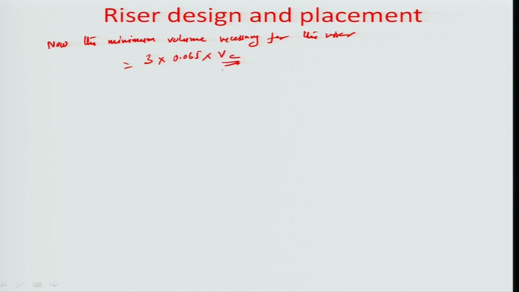So, V c is the cast volume. In this particular case, V c is nothing but 15 cube centimeter cube, that is 3375 centimeter cube. The premise is that you want to cast an aluminum cube of side 15 centimeter.